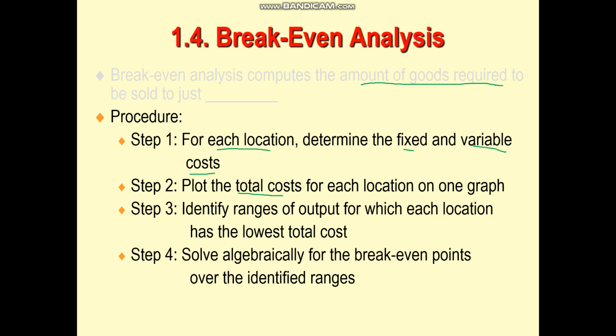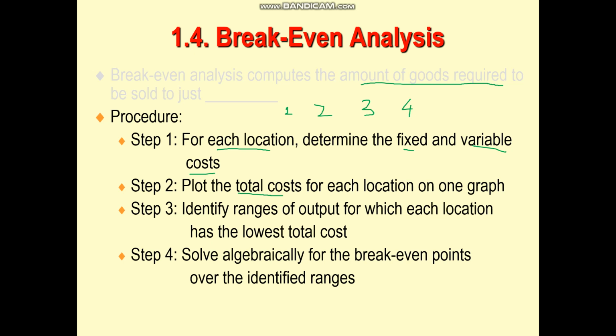So for example, we have 4 locations, 1, 2, 3, 4. So we calculate the total cost by the sum of fixed cost and variable cost of location 1, location 2, location 3, and location 4. Then we will compare which location will have the lowest total cost.